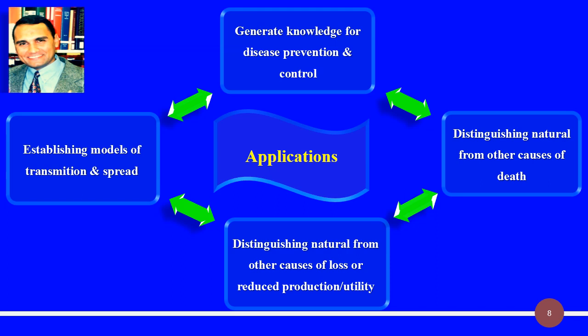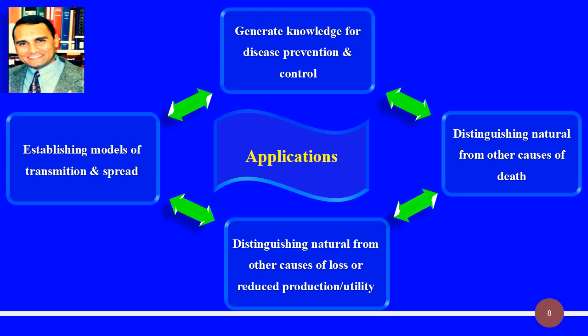Distinguishing natural causes from causes of loss or reduced productivity per unit or per person, such as the finding of mastitis in a farm, which may cause losses of milk production of about 10% or 20%.